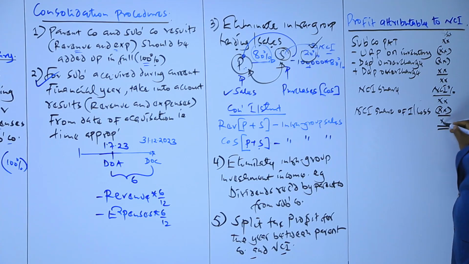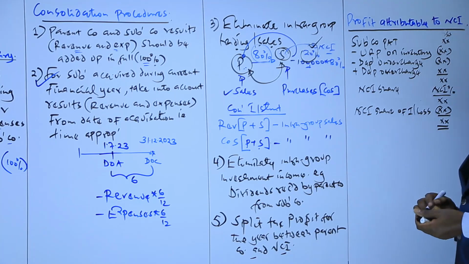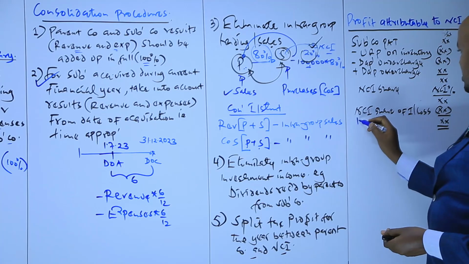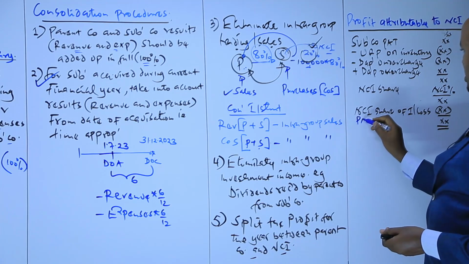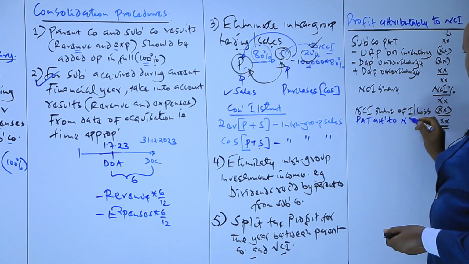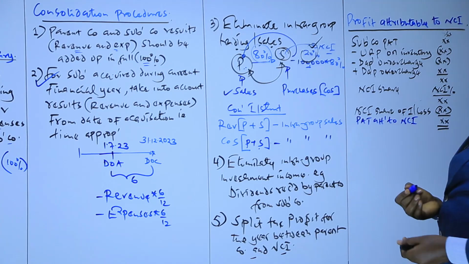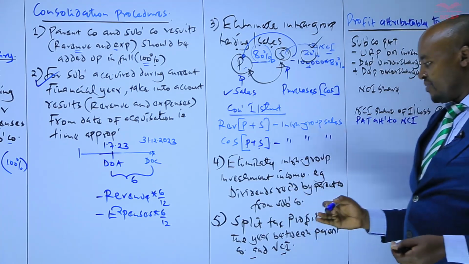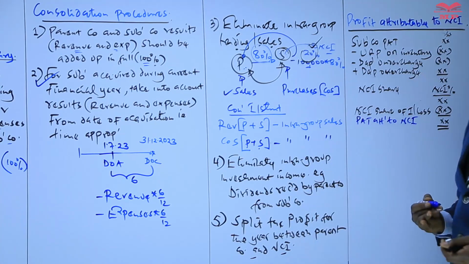So whatever you get there, that one is the profit after tax which is attributable to the non-controlling interest. To the non-controlling what? Interest. So therefore, this is how you determine the profit attributable to the NCI.